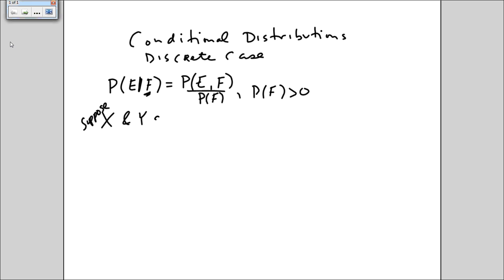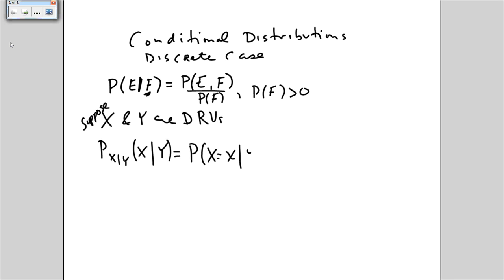Now we suppose X and Y are discrete random variables. What can we say about the probability P sub X given Y of x given y? Of course, it's going to be the probability that X is little x given that Y is little y.